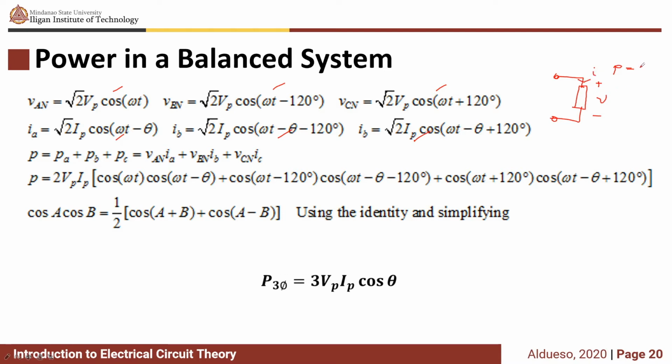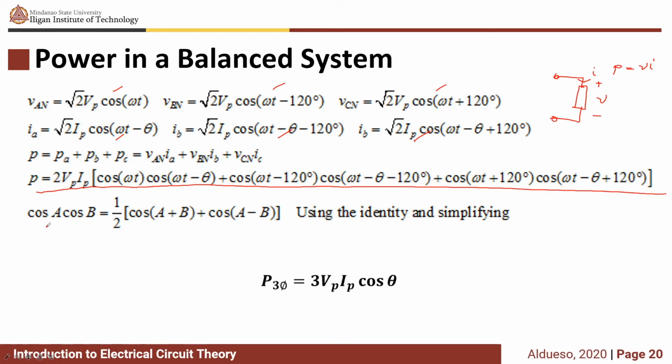By passive sign convention, this is V times I. Now substituting the values for V and I, we will get this equation right here.